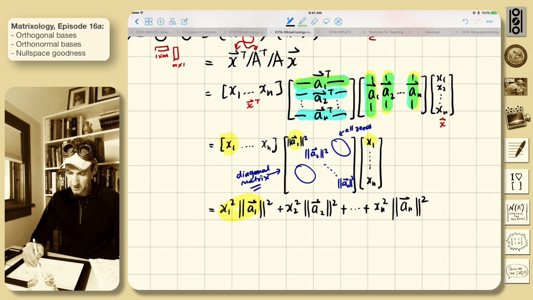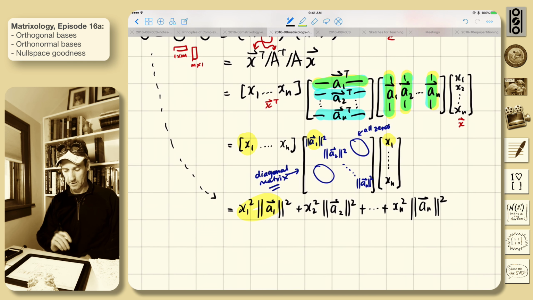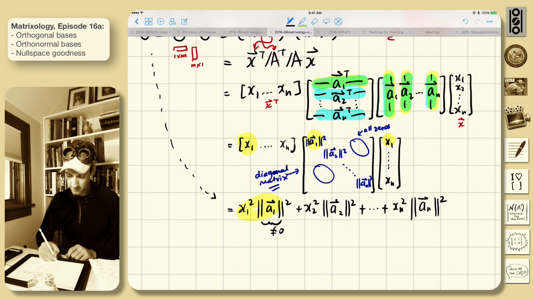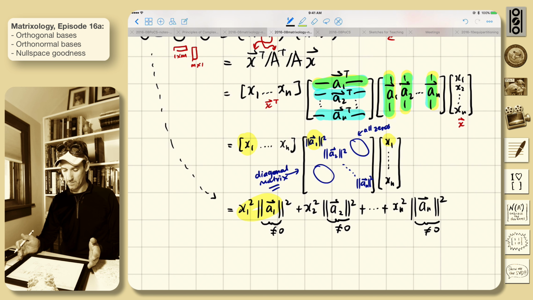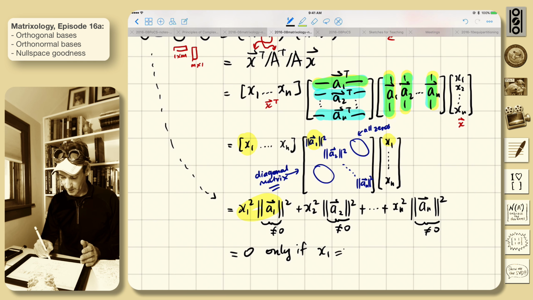All right, so the last thing to see here is this is equal to 0, right? Dot, dot, dot. Still equal to 0. So this is not equal to 0, right? These are vectors. These are their length squared. And then we've got all these other pieces. So the only way this equals 0 is if x1 equals x2 equals dot, dot, dot equals xn equals 0.